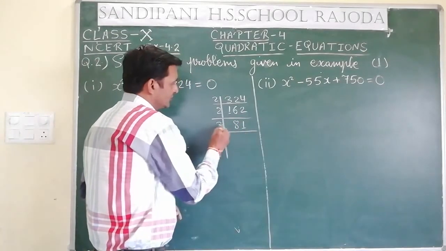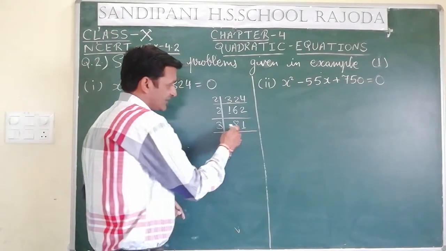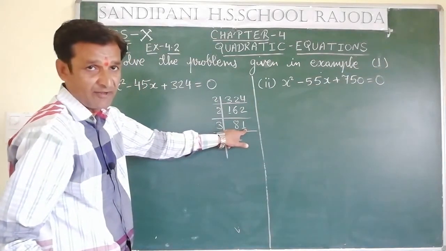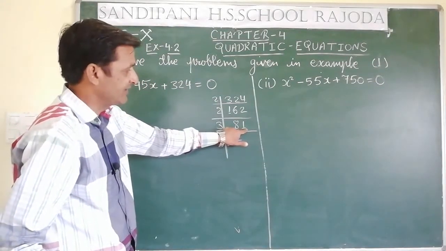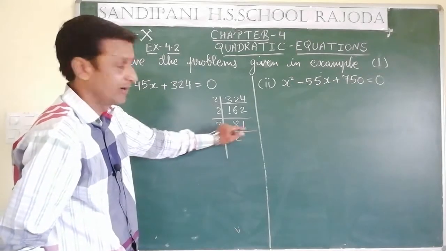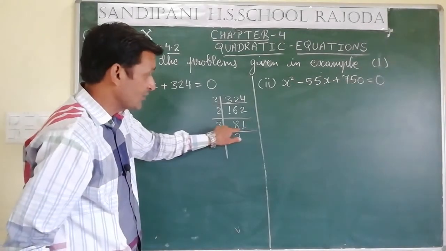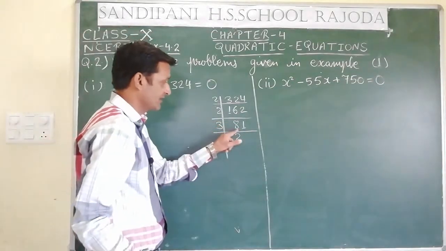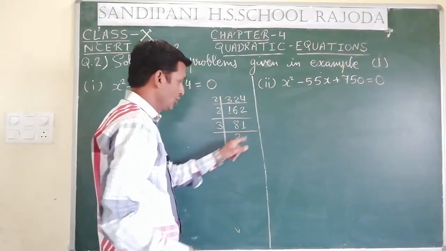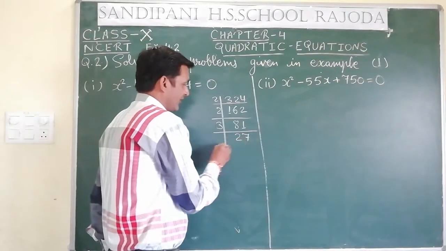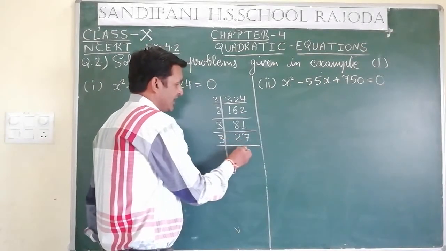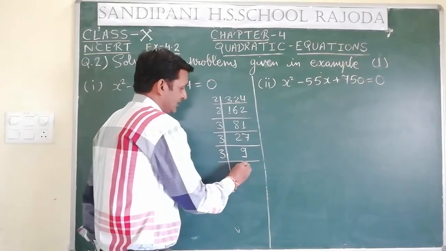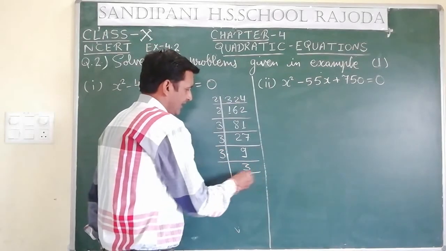Now 2 divisibility will not be applicable here, as it has ones place digit 1. But 8 plus 1 is 9, so it is divisible by 3. So 3 2s are 6, remaining term is 21, 3 7s are 21. Now again 3 9s are 27, 3 3s are 9 and 3 1s are 3.